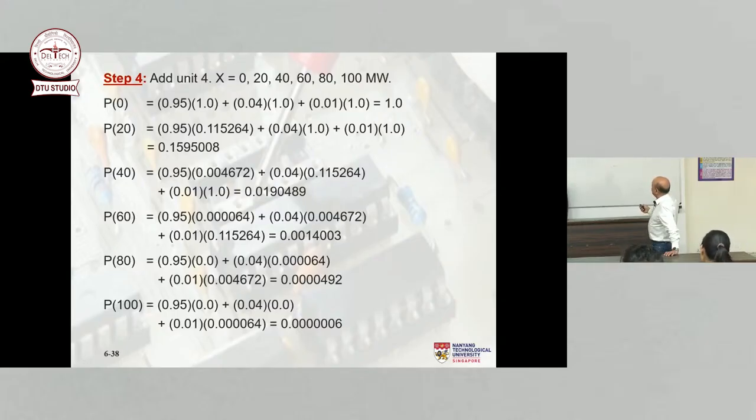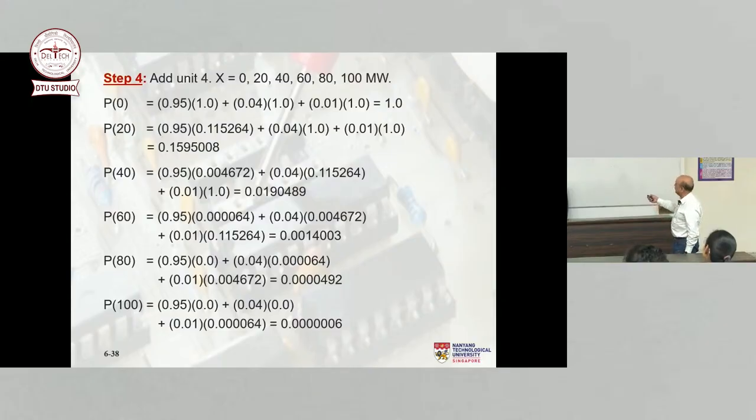So X is 20, 20 minus 0 is 20, so 0.115, plus PI times P prime of X minus CI, 20 minus 20 is P prime of 0, which will be 1, plus 0.01 times P prime of X minus CI. CI is 40, so 20 minus 40 is minus 20, and that probability will always be 1.